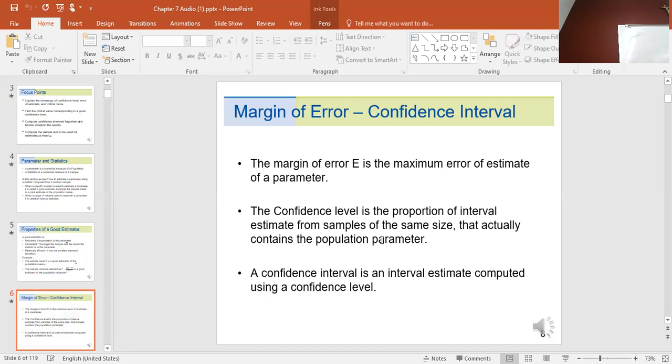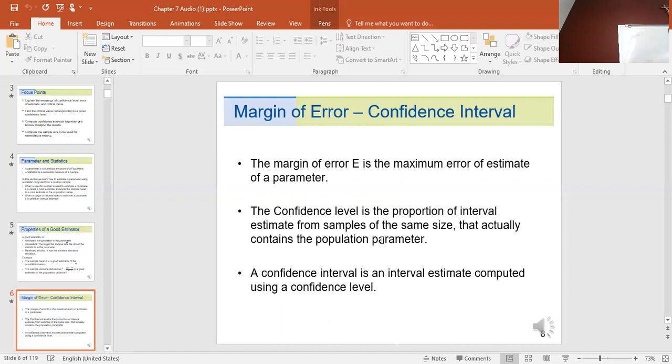Now look at what I'm going to do. Suppose this is the distribution of the sample mean. And somebody tells me that I want you to estimate the population mean with a 90% confidence level. That means you want to be 90% confident that the interval I will get will contain the mean.